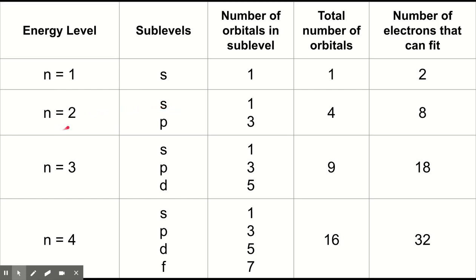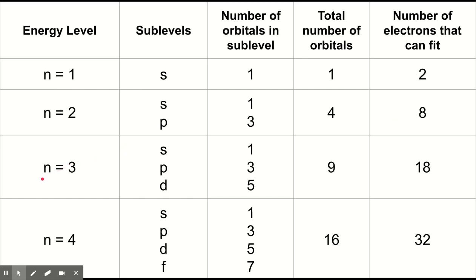The second energy level contains the S and the P sublevels, which contain 1 and 3 orbitals respectively, a sum total of 4 orbitals. 4 times 2 gives us 8, so the second energy level can hold a maximum of 8 electrons.